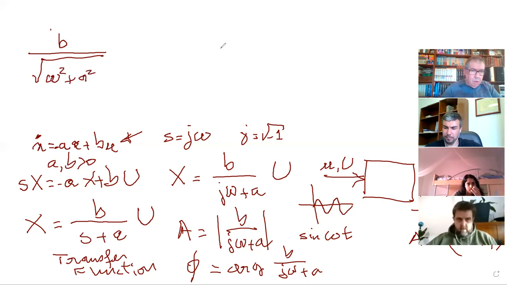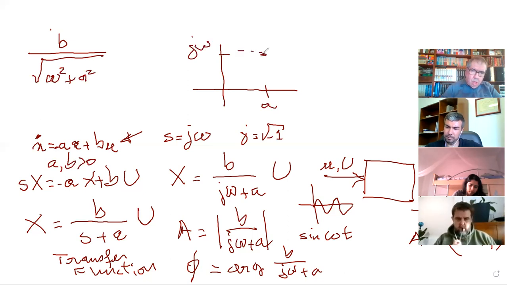So where are you? You have a real part, which is A, imaginary part, which is j omega. So this point is A plus j omega. And the length of this vector is the modulus, okay? And the length is given by the theorem of Pythagoras. What is the theorem of Pythagoras? I say this in Portuguese.